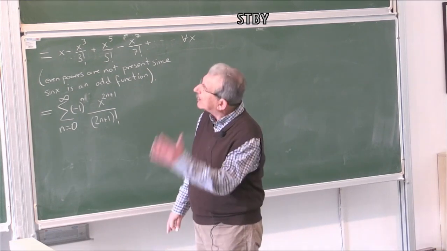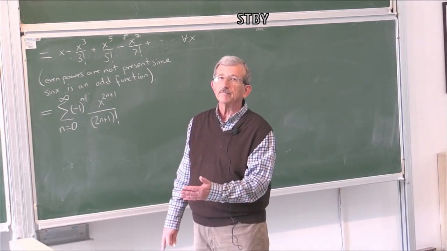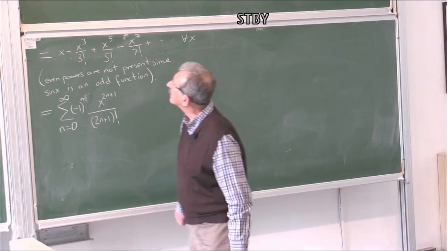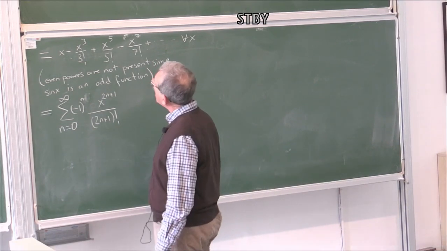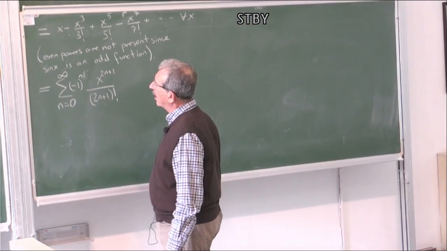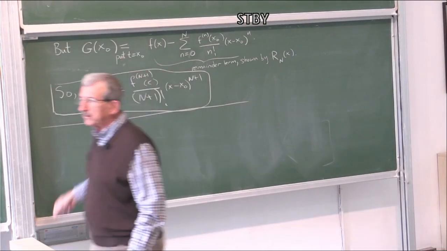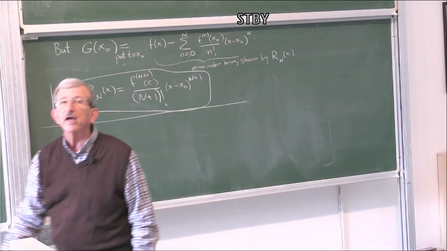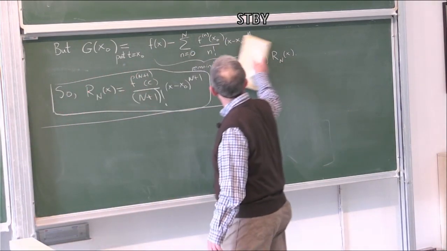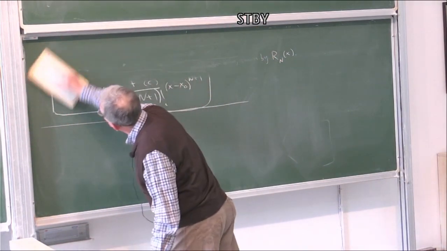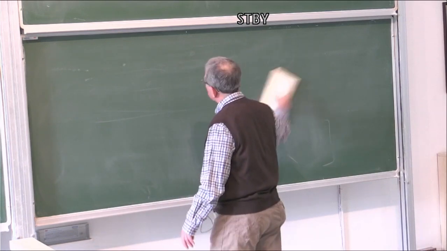So we have equality for every x. We showed just that. Now, let us try to obtain the Taylor series expansion of cosine x, and that it is equal to cosine x.